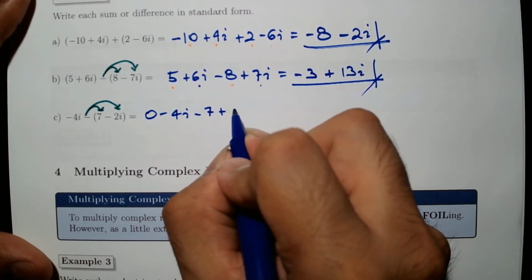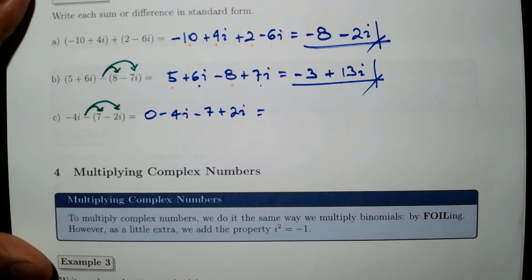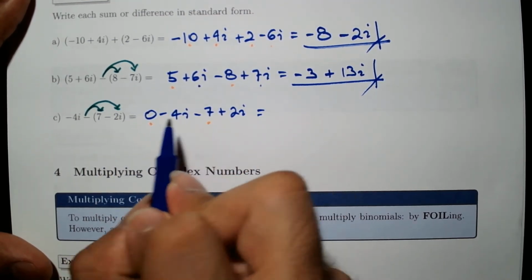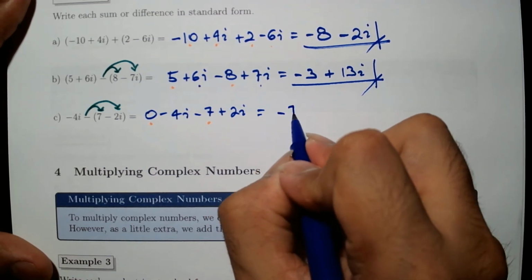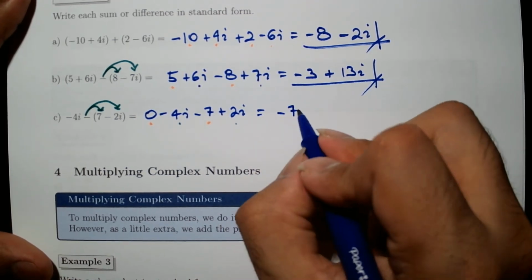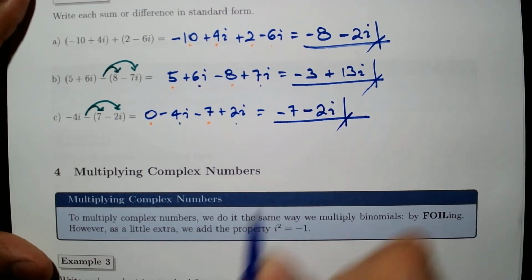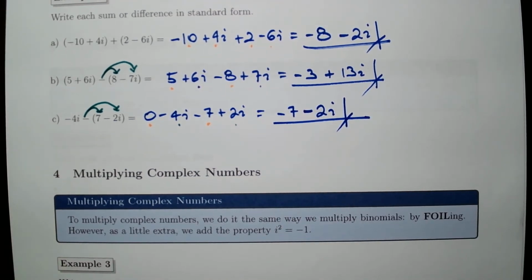Minus 7 plus 2i. So again, reals with reals, that is, in other words, 0 minus 7, which is negative 7, and negative 4i plus 2i, that's negative 2i.